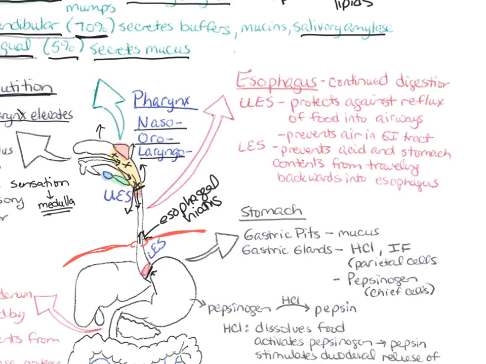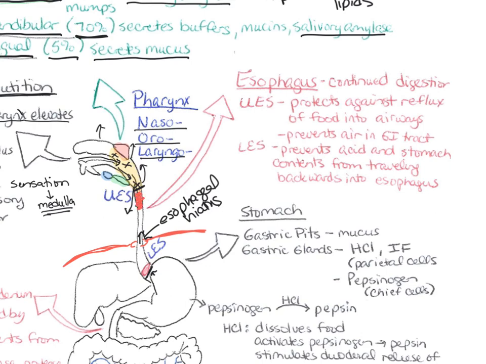The esophagus is just a tube that's going to transport that bolus of food from the pharynx into the stomach. In the esophagus, there are some glands that produce mucus to help to make it more slippery. At the top of the esophagus, there's 3 layers of smooth muscles in about the top 1/3 of the esophagus.